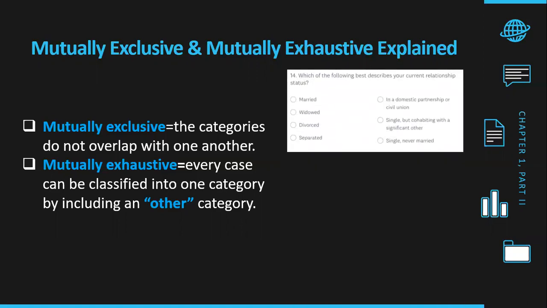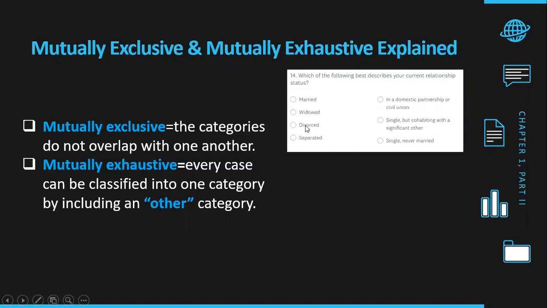So as we can see here, the question asks, which of the following best describes your current relationship status? And indeed, this variable is mutually exclusive, because each of these categories are categories unto themselves. So the category of married does not overlap with the category of widowed, and the category of widowed does not overlap with the category of divorced, and so on and so forth.